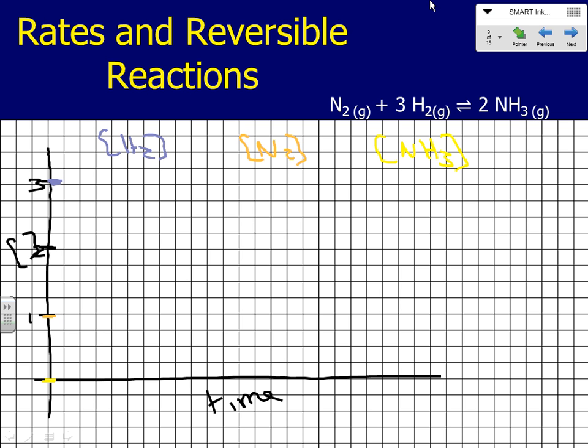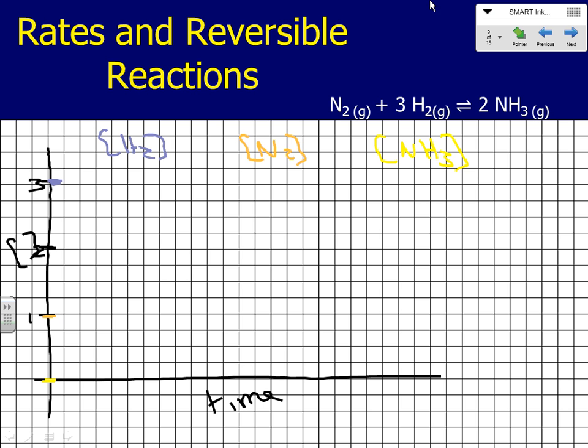What's the rate of the forward reaction going to be if I've got lots of reactants? If I've got a whole bunch of reactants, what's the rate going to be? Yeah? It's going to be fast.